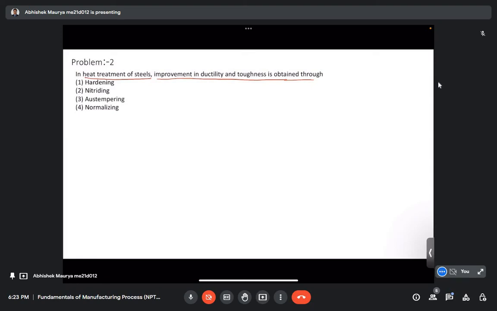Again, let's see. We will have a CCT curve similar to the previous one.